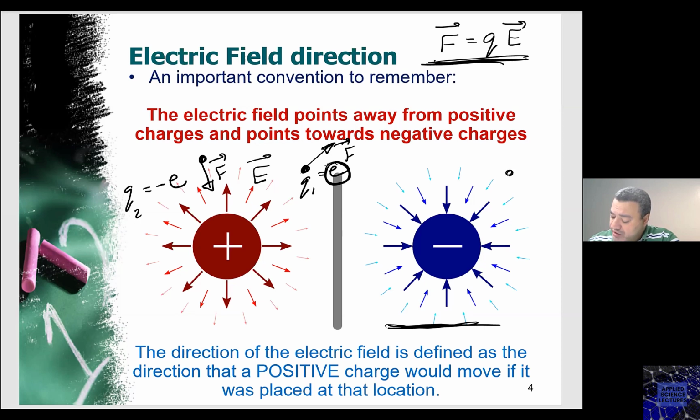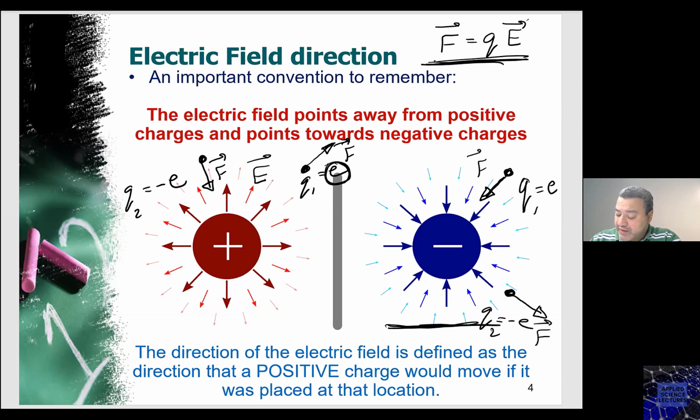If my charge that I am bringing closer here is positive, then the force induced will be in the same direction as the electric field. If the charge that I am bringing closer here is a negative charge, then the direction of the force will be the opposite of the electric field.